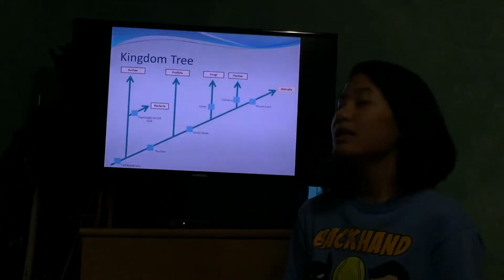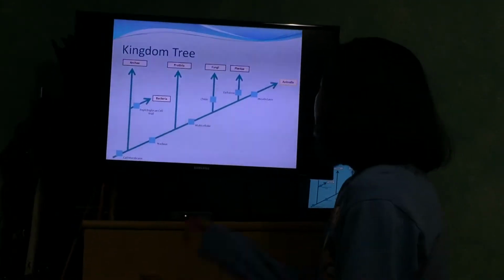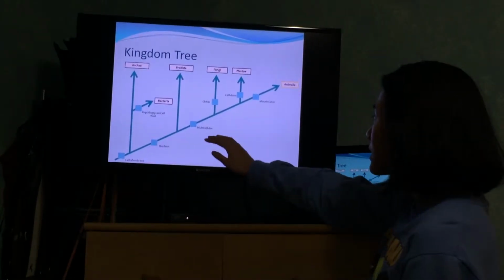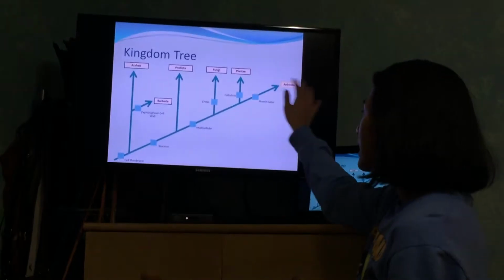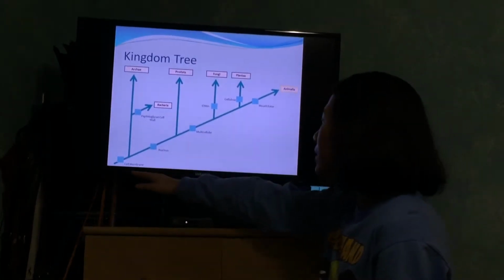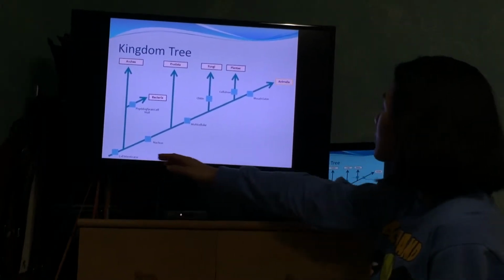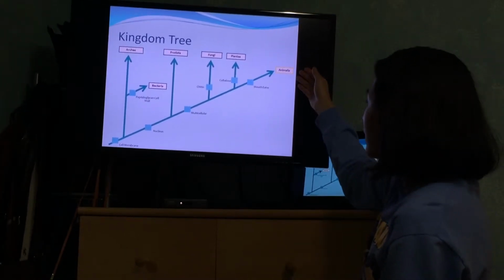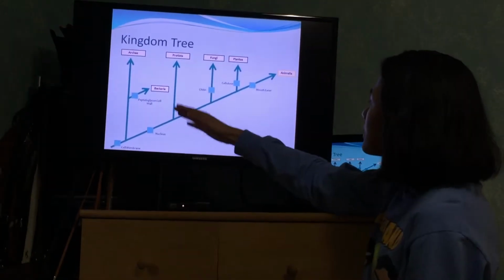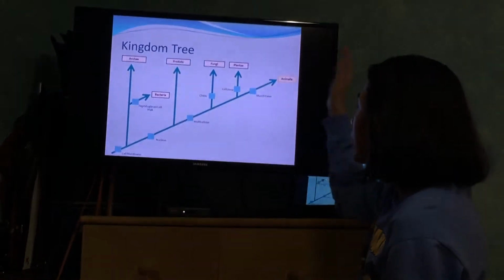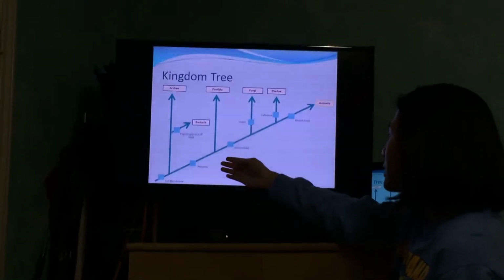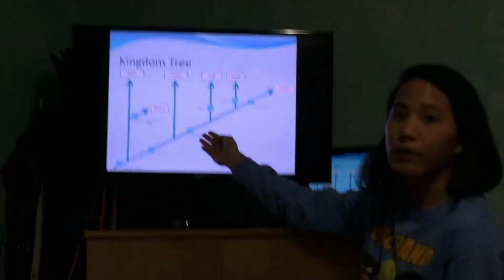So here you can see the kingdom tree. Here you could also notice that all of these kingdoms have cell membranes, and the Octopus vulgaris resides in the Animalia kingdom. As the tree progresses, the Animalia has a cell membrane, it has a nucleus, and it's multicellular.